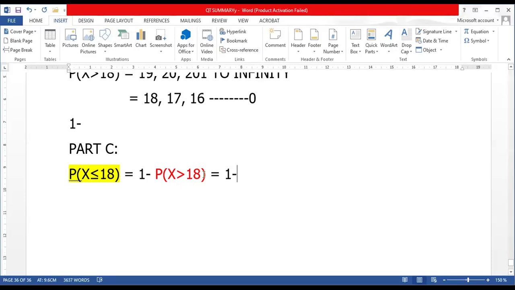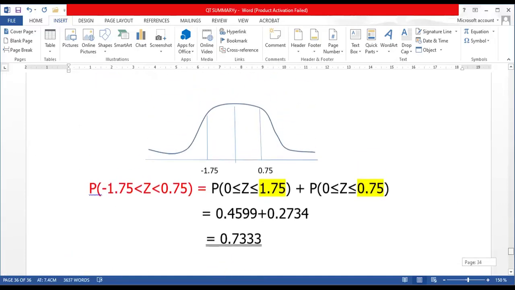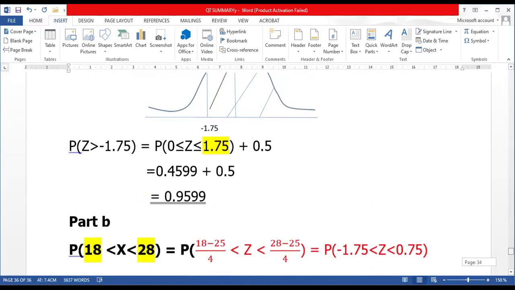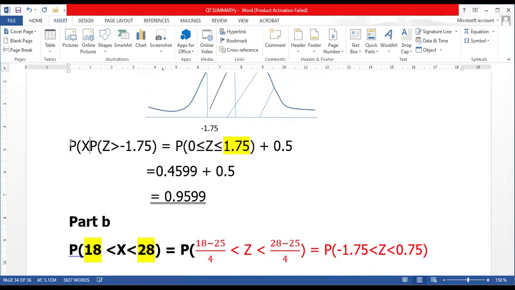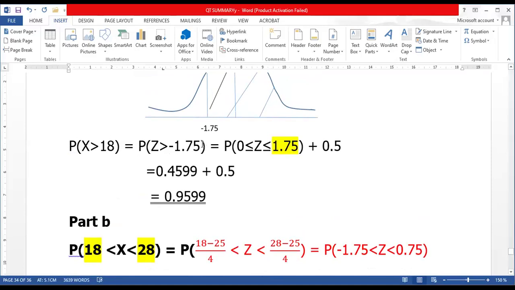It is the same. Already this is X. Now for us, we want just the probability. All is the same. That one was 0.95. Here it is the probability of X greater than 18. It's the same, just that here you standardized. So the probability is 0.9.